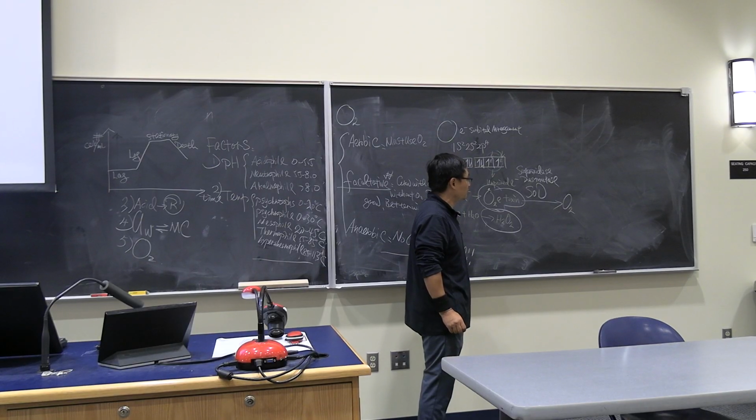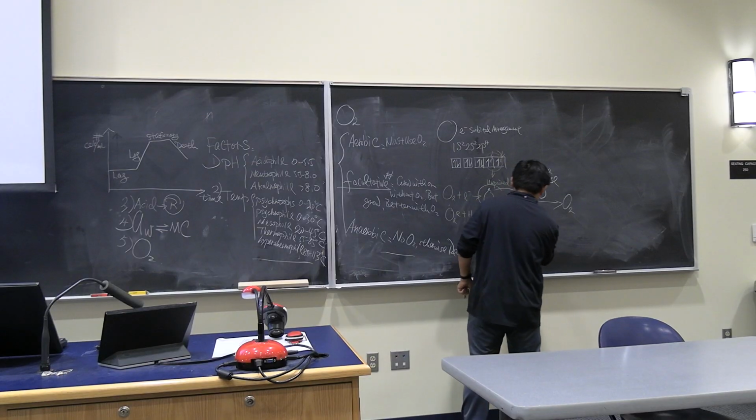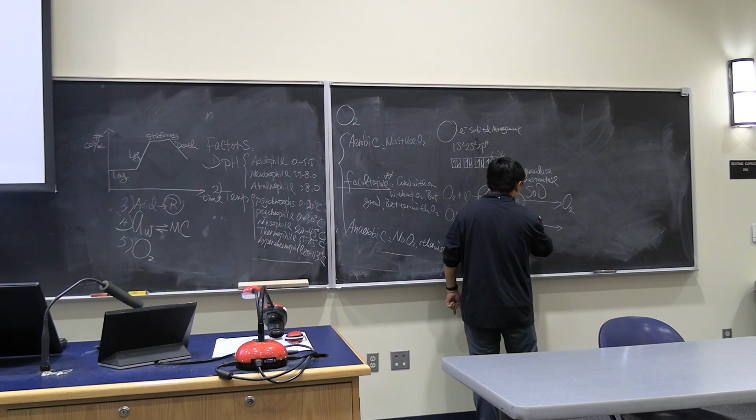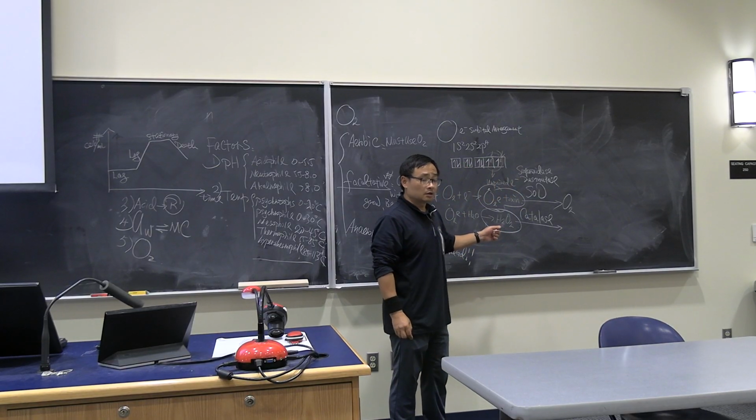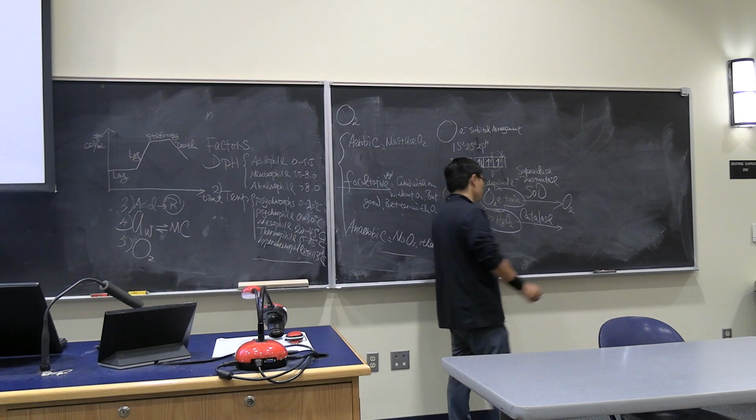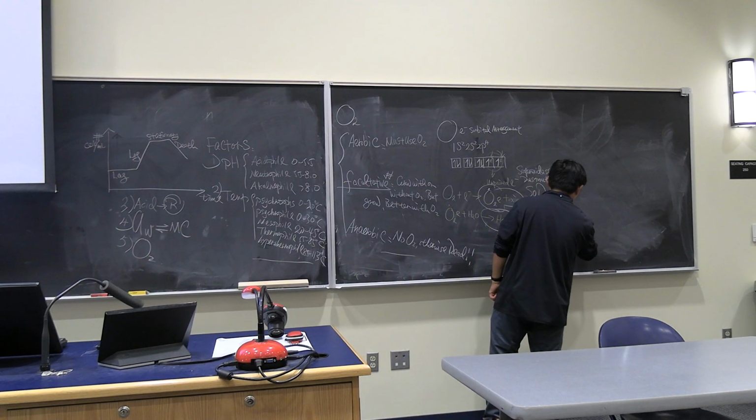If they have superoxide dismutase, that's good. Then H2O2, you will learn, is hydrogen peroxide. That is even an antimicrobial. So if you have catalase, it becomes oxygen and water.